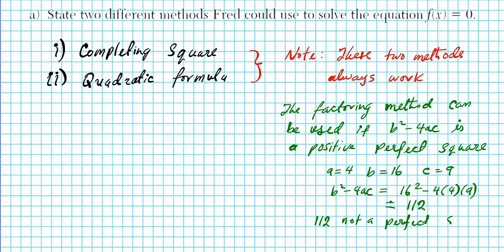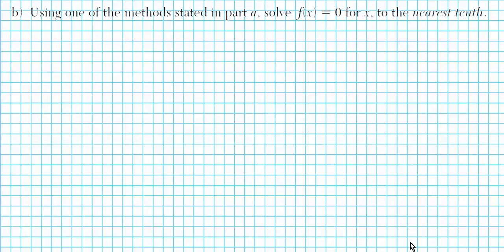Okay, so you cannot solve by factoring. But the quadratic formula and the completing the square method always work. Okay, so keep that in mind. Okay, the B part says, using one of the methods stated in part A, solve f of x equals 0 to the nearest 10th.